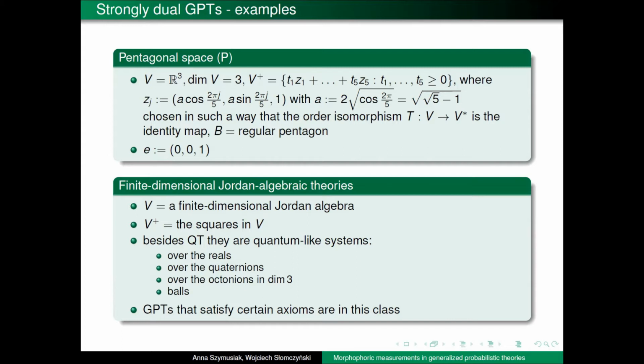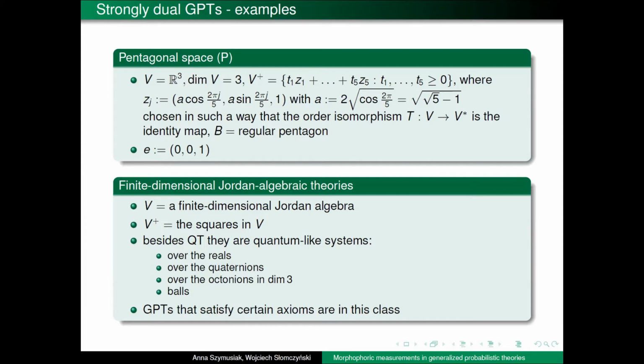And in this class, there are some quantum-like systems over reals, quaternions, octonions in dimension 3, and also balls, just balls as state spaces.